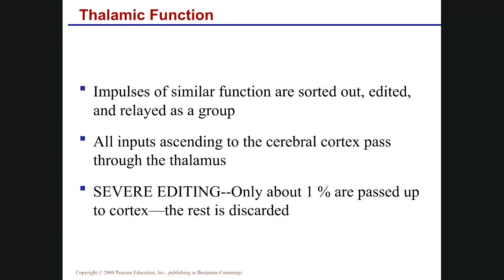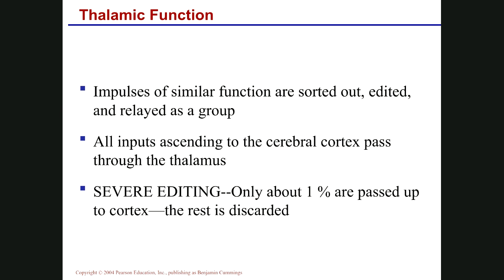One of its jobs is to sort out, bundle up, and relay, but it does not relay everything that comes in. There's severe editing that goes on. So 99% of what makes it to the thalamus never makes it up to the cortex. It's discarded.